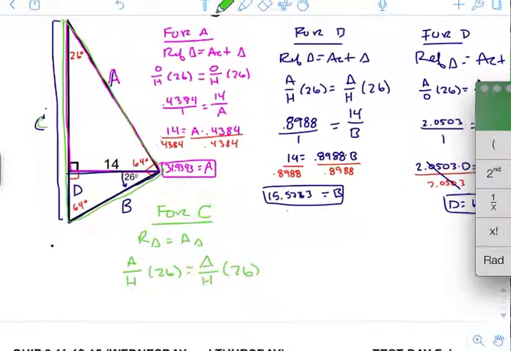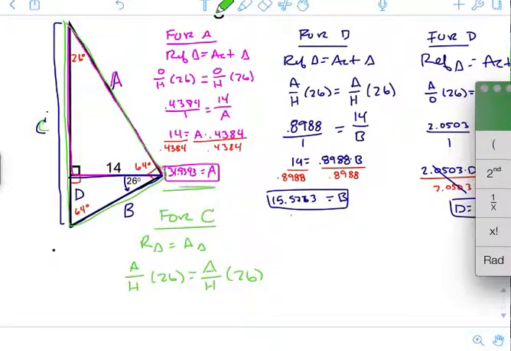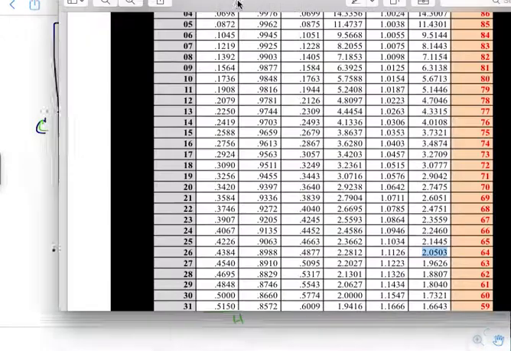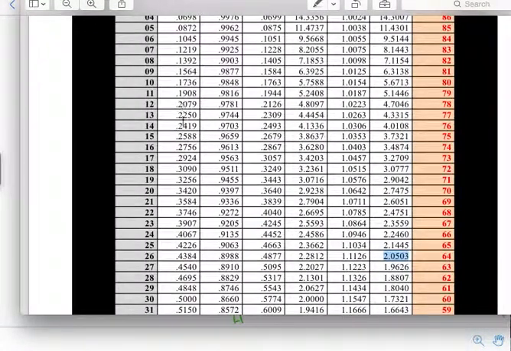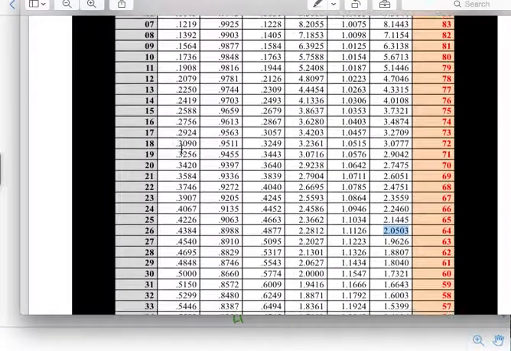My actual triangle, my adjacent, which is A, which is right here, is 31.9343. Hypotenuse is unknown, so I'll leave that as an H. Going to my trig table, A over H is the second column, so 26 second column should be 0.8988.